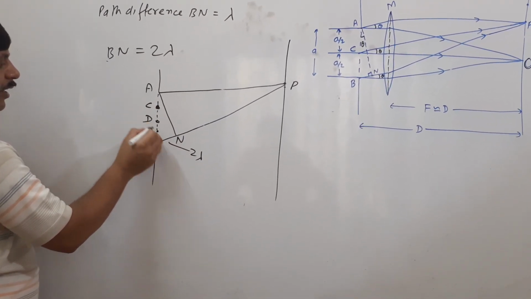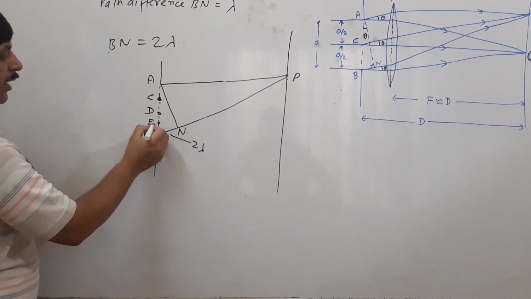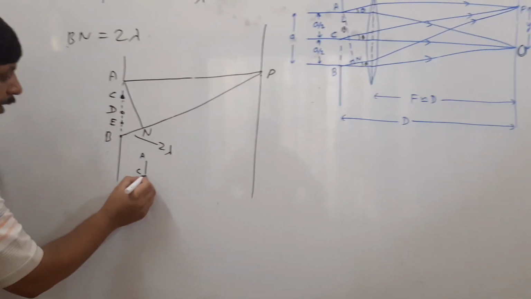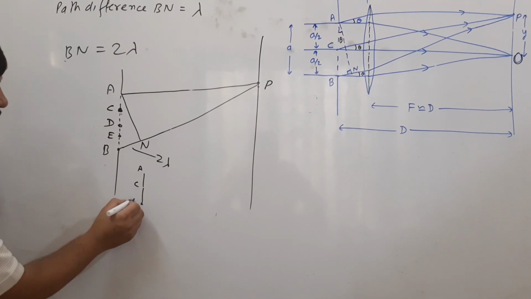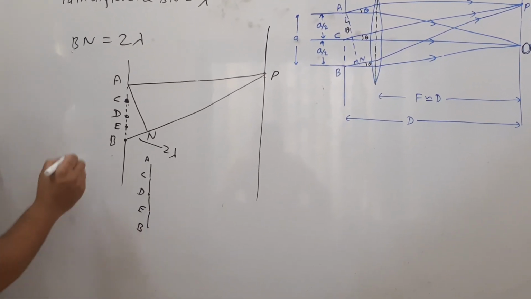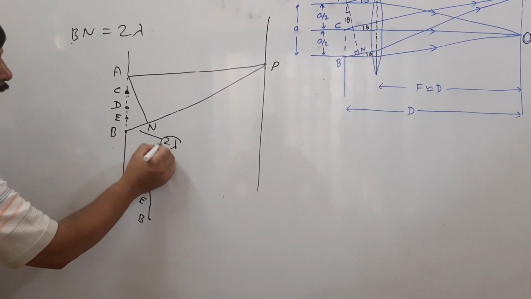C, this is D. The 4 parts are AC, CD, DE and EB. What are the 4 parts? One is AC, another is CD, another is DE, and the last one is EB. See here, the path difference between A and B is 2 lambda.